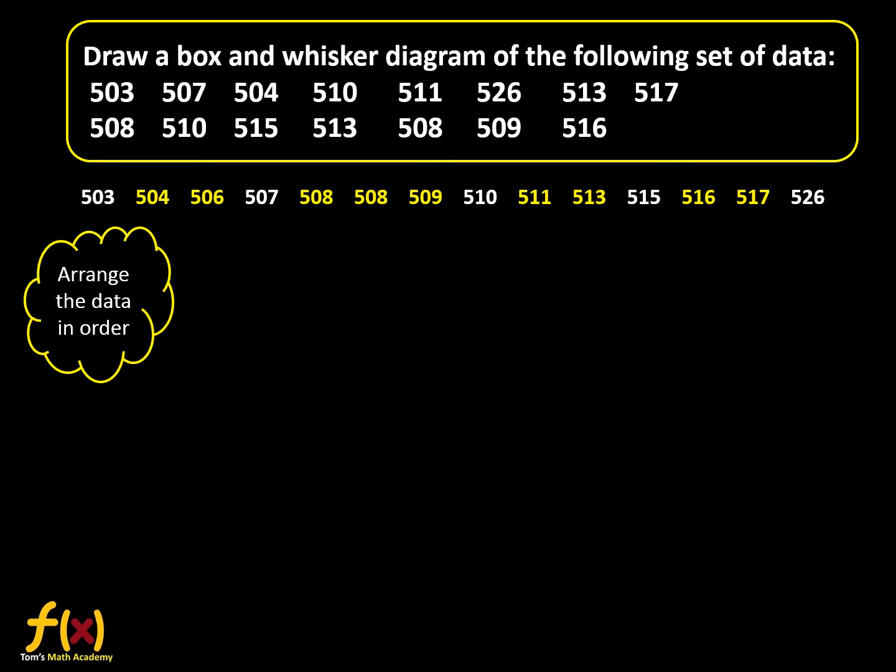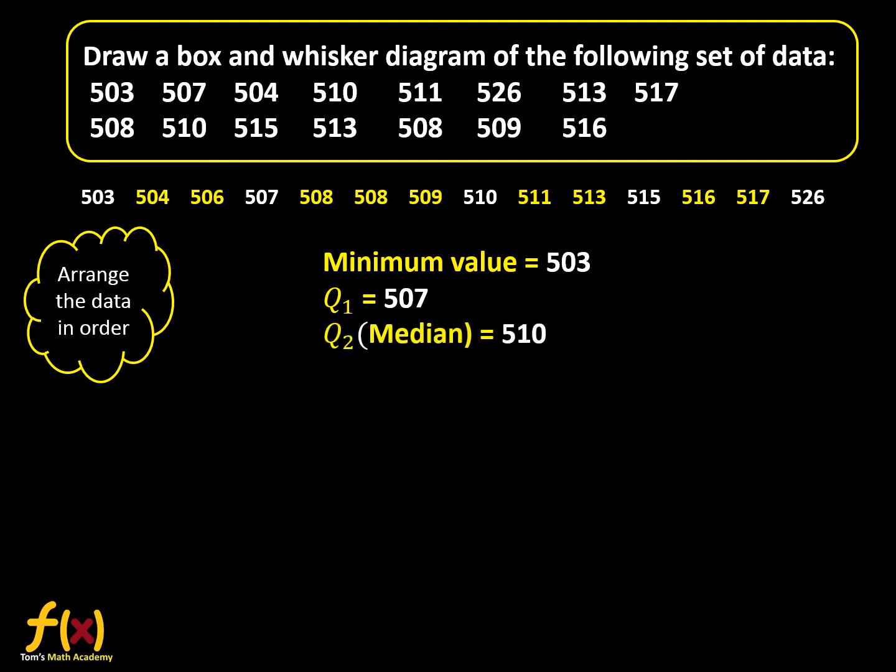Now minimum value is 503. Q1, the lower quartile, we marked them 507. Median or Q2 is 510. Upper quartile is 515. And the maximum value. So if you are asked to write 5-number summary, you write these numbers in a bracket.